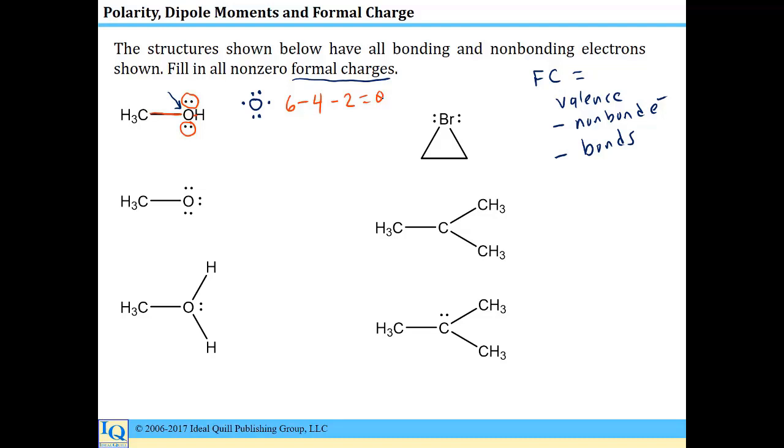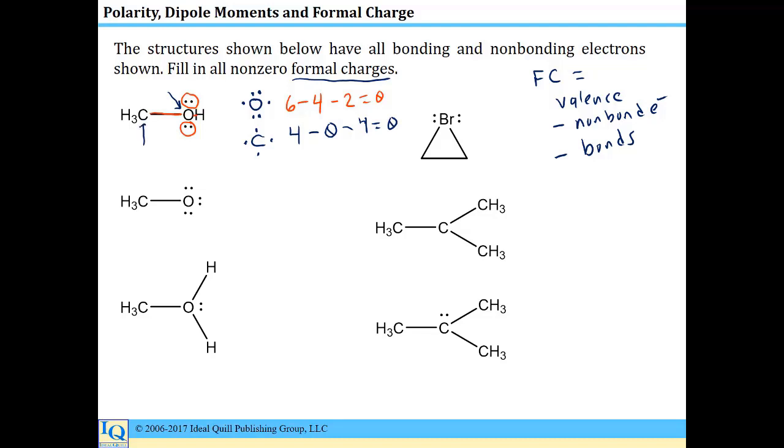This question is asking us to fill in all the non-zero formal charges. Likewise, any carbons that have no non-bonding electrons and 4 bonds will also have a formal charge of 0.